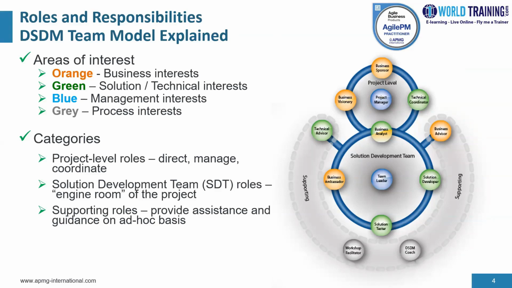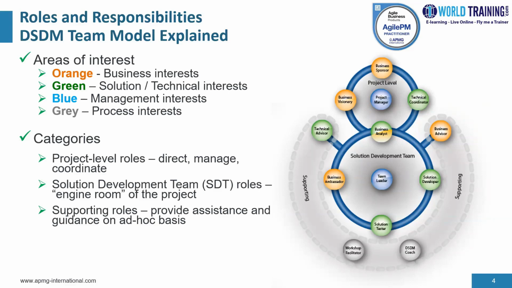And then the green colored scheme points out to the solution technical interests. And the roles on this diagram include the technical coordinator, technical advisor, solution developer, solution tester, and a part of the business analyst role. And then blue is an indication of management roles.